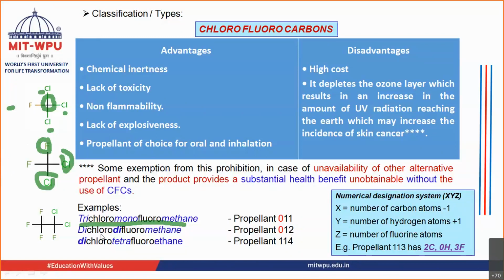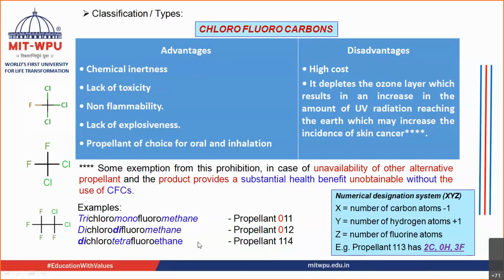So it is dichlorodifluoromethane. The third type is dichloro, these are 2 chlorine groups, tetrafluoro and ethane. So these are some examples, known as chlorofluorocarbons, right?